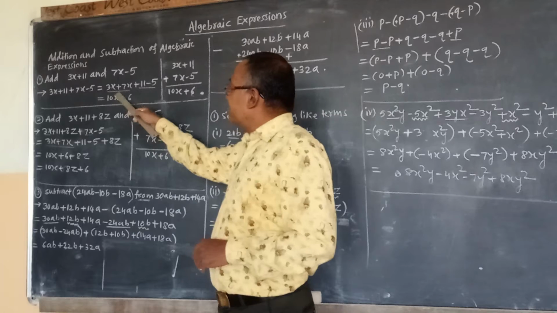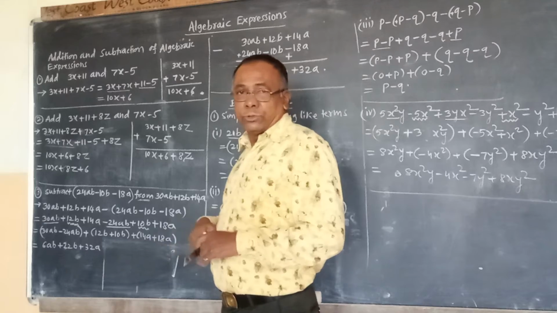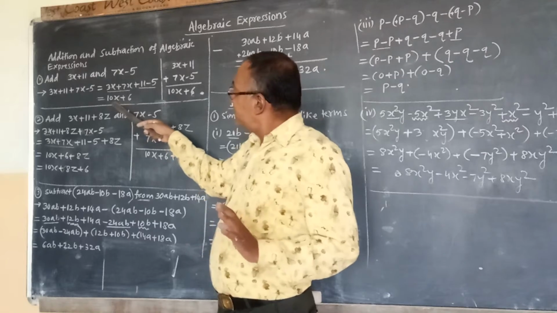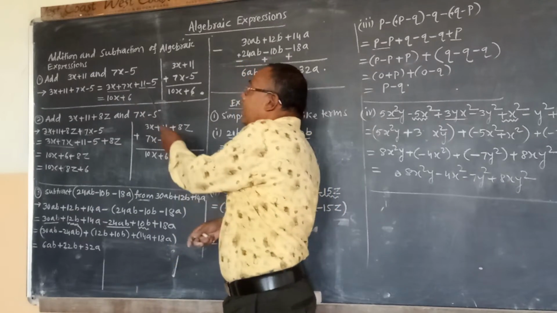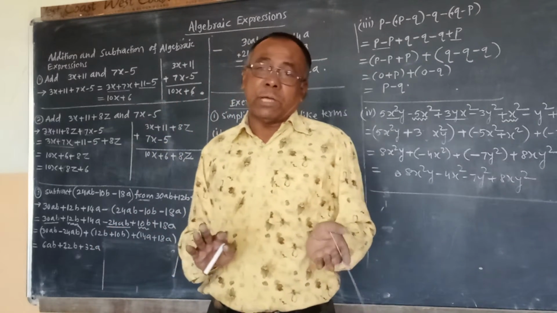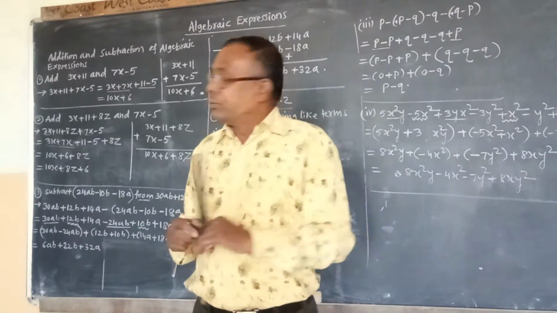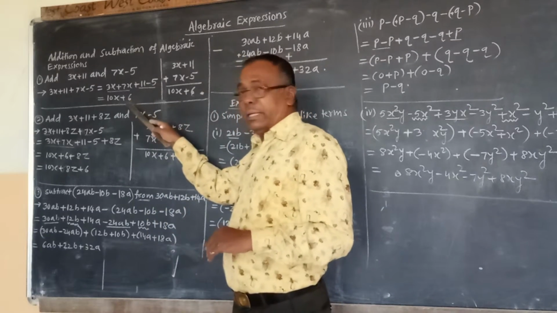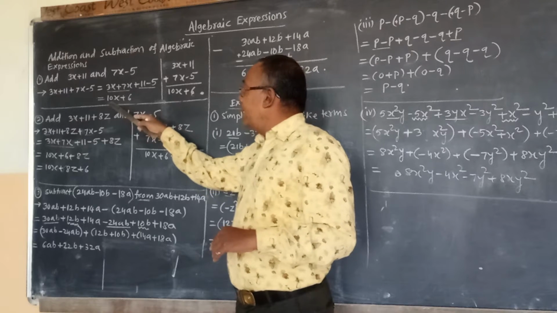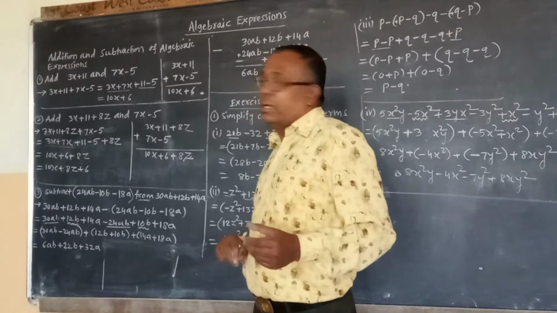Here 3x and 7x, plus 3x and plus 7x, have like signs, so we must add. 3x plus 7x will be 10x. Here 11 has a positive sign and 5 has a negative sign, so they have unlike signs, and we know that if the terms have unlike signs, then we subtract them. So 11 minus 5 is 6, and the sign of the greater number is plus, so plus 6. So 10x plus 6 is the addition of 3x plus 11 and 7x minus 5.